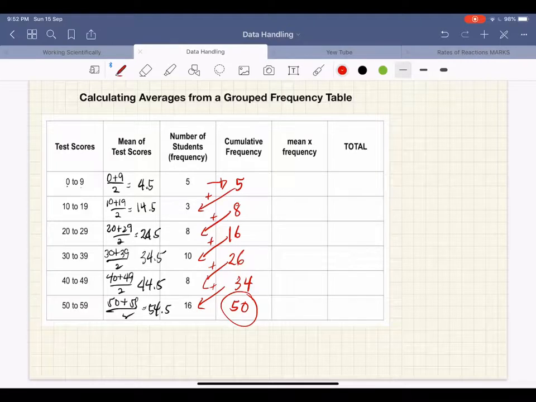Now, the next thing we're going to do is to calculate mean times frequency.